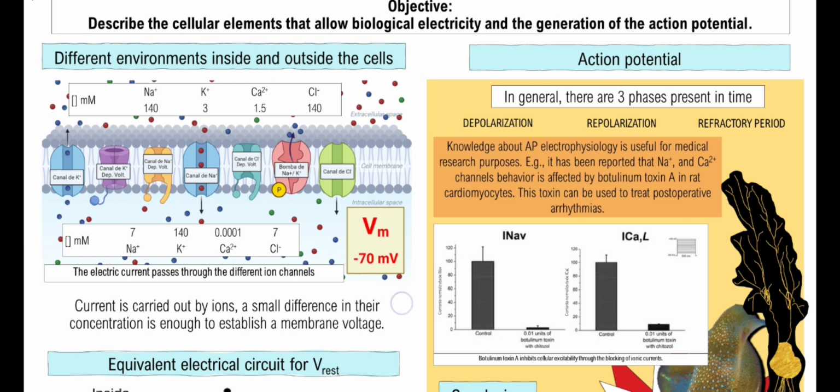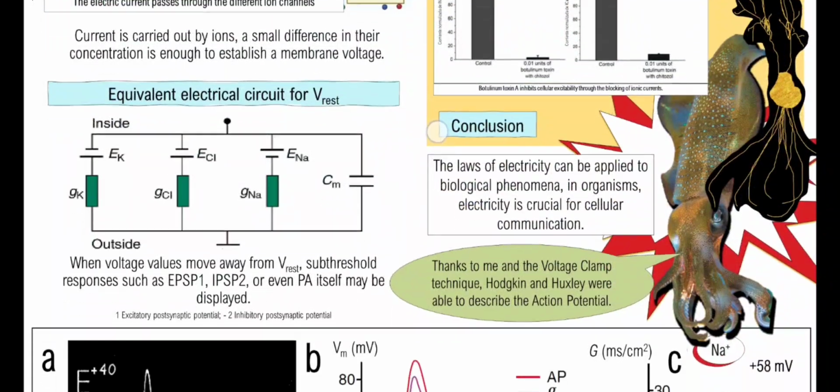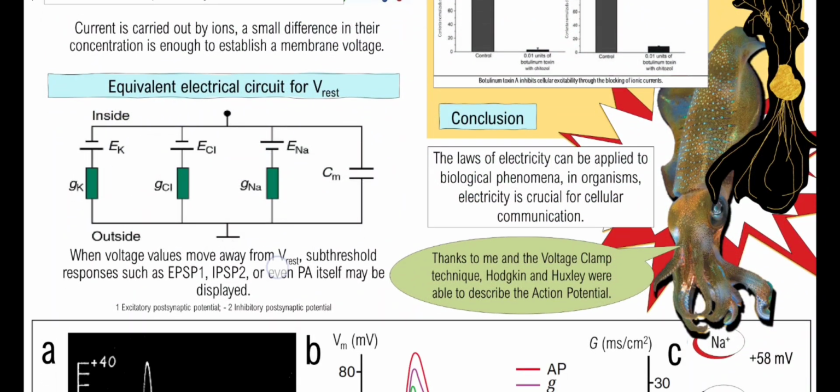And we can actually describe the electrical behavior of a cell at rest with an electrical circuit. Here we have it. In this circuit, we represent the membrane as a capacitor, the voltage-gated channels that have a non-linear behavior, and the channels as batteries.